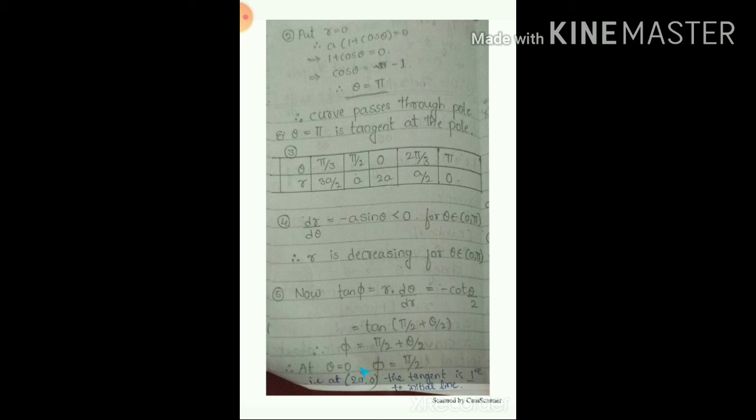Therefore, phi is equal to pi by 2 plus theta by 2. Therefore, at theta equal to 0, phi is equal to pi by 2. That is, at the point (2a, 0), the tangent is perpendicular to the initial line.